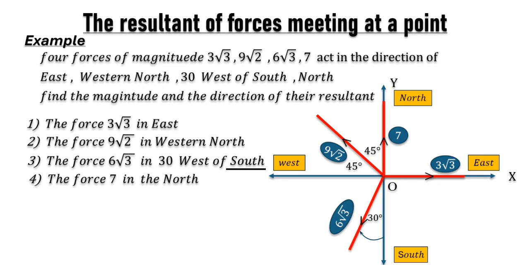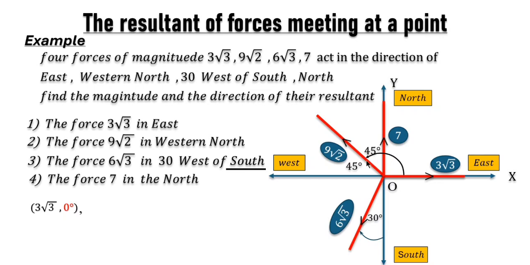What are we going to do right now? We will find the angle of each force. How? The first one is 3 root 3. It makes angle 0 because it is in the positive direction of the x-axis. The second one is 9 root 2. It makes an angle from the positive x-axis of all of this.